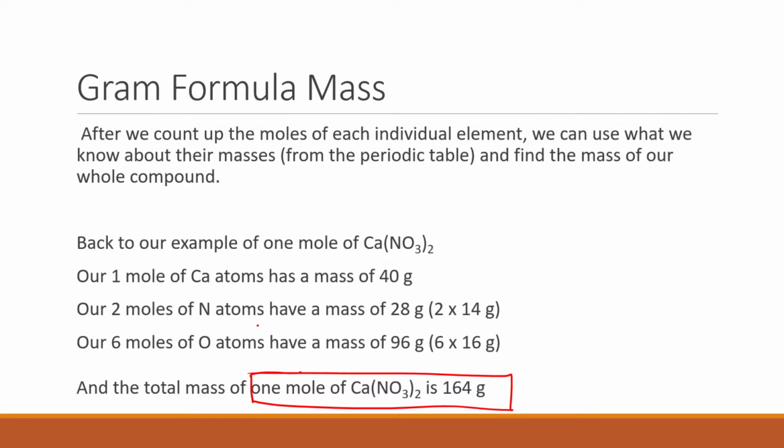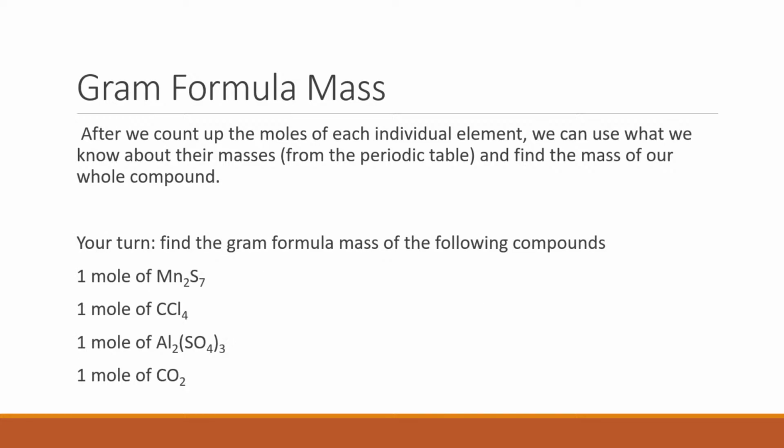Let's give it a shot with those same examples we looked at a second ago. Here, we already know that 1 mole of manganese sulfide is 2 moles of manganese and 7 moles of sulfur. Let's find the masses. Let's get the actual mass of 1 mole of each of these things.